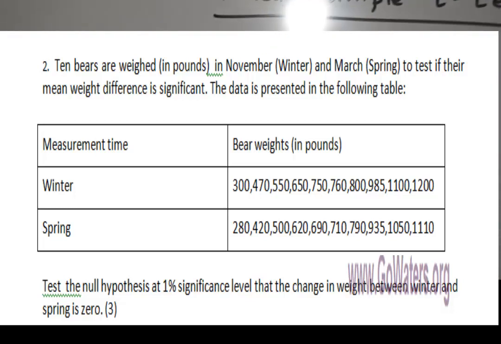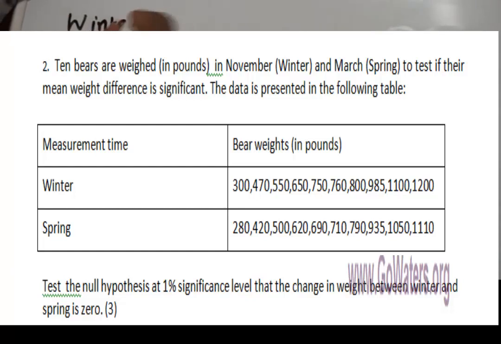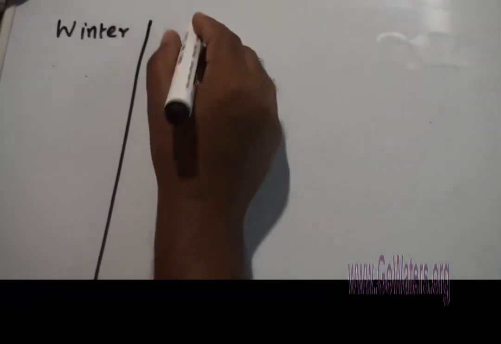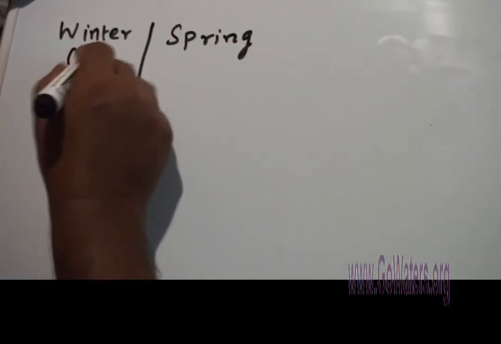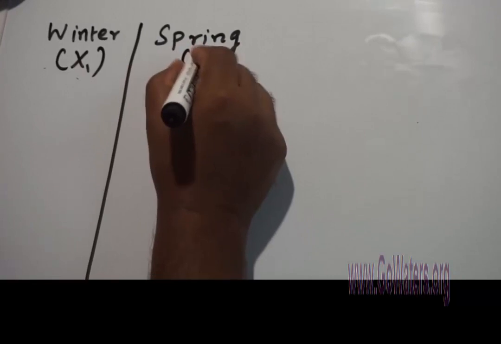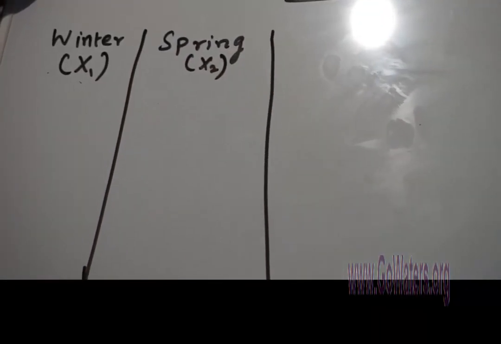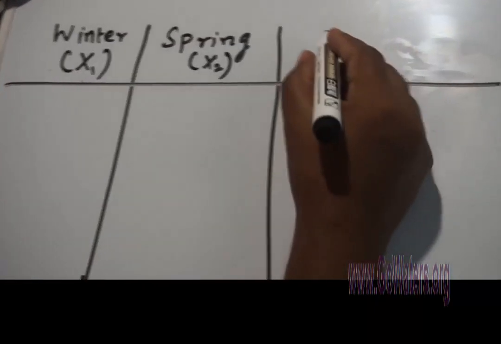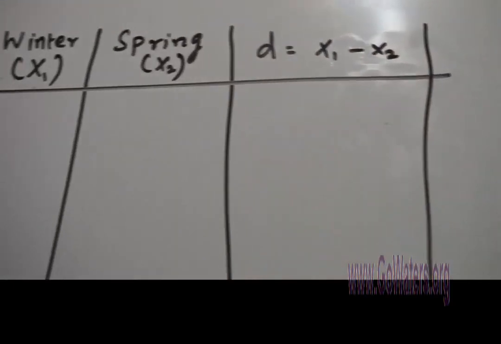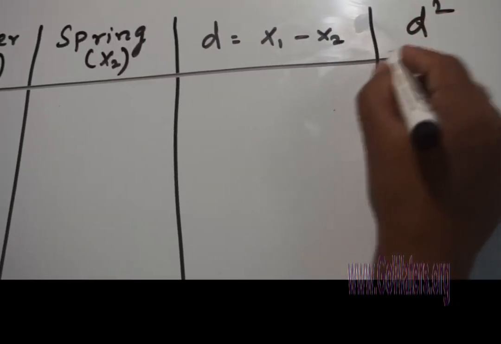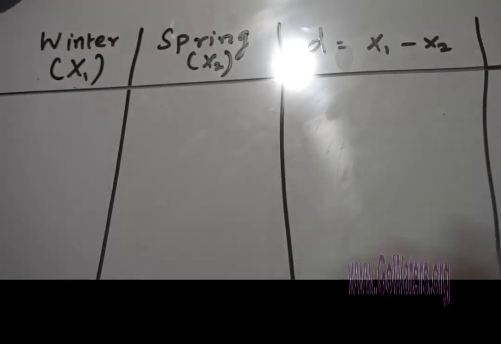I have winter, which I take as x1, and spring, which I take as x2. D is equal to x1 minus x2, and then I need to open up a column D squared. These four columns are very important.